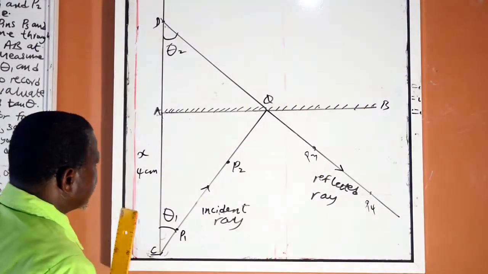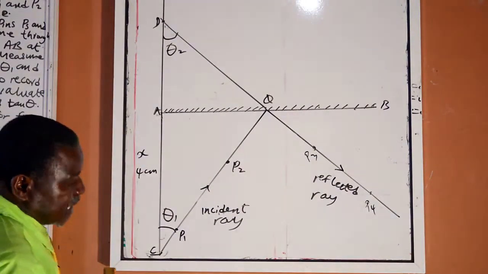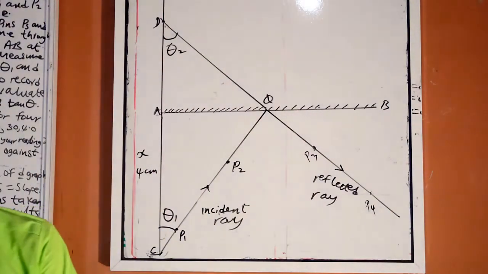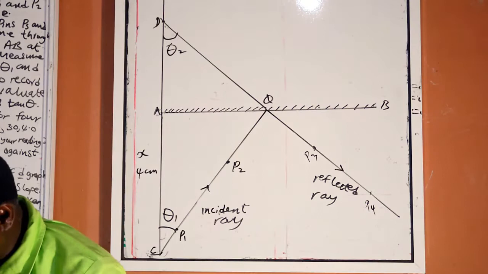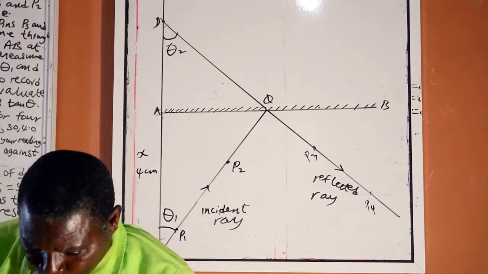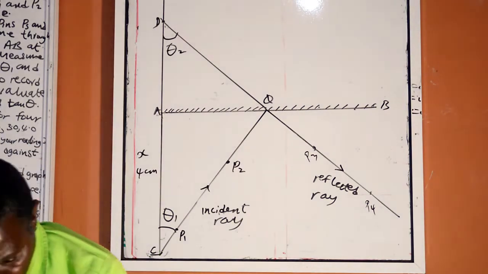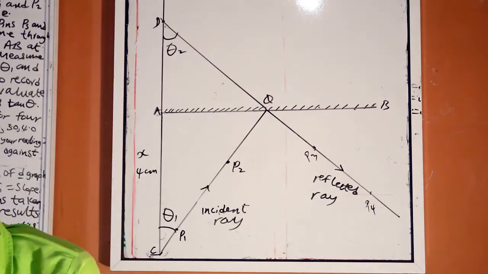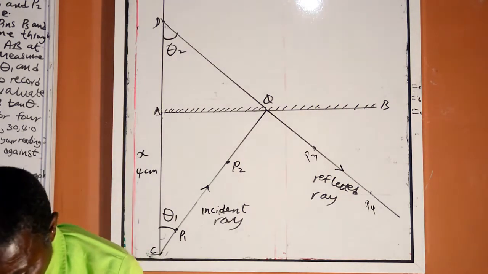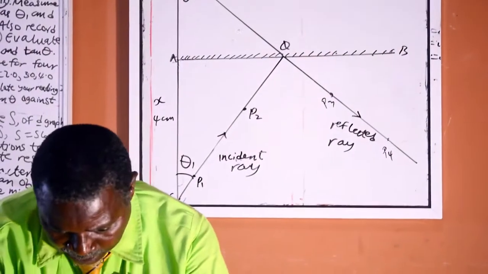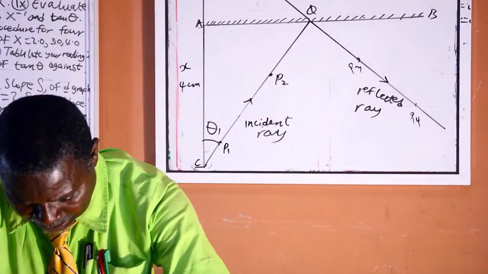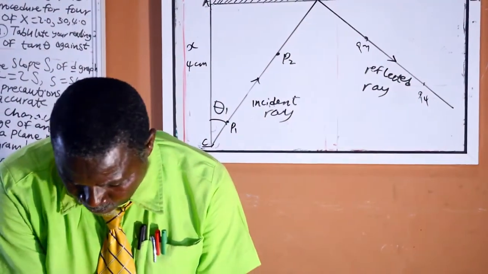So in the question, we are directed to record the values of theta 1, theta 2 in X, you are given x.